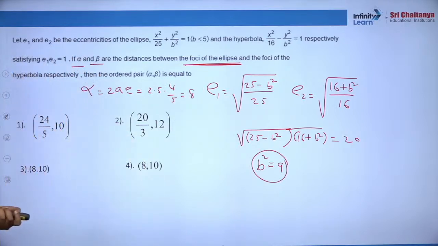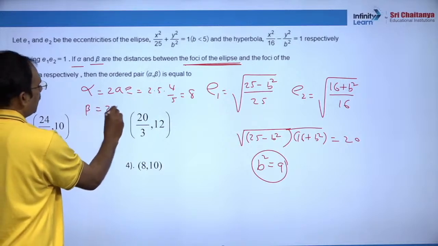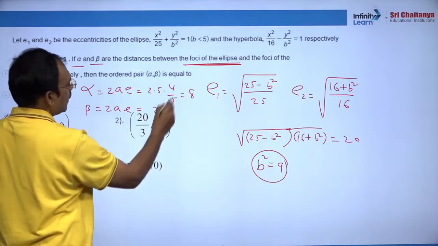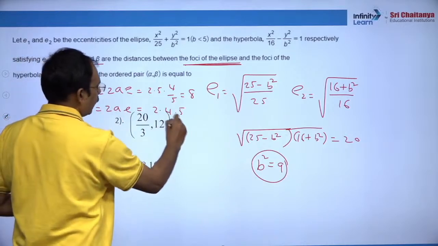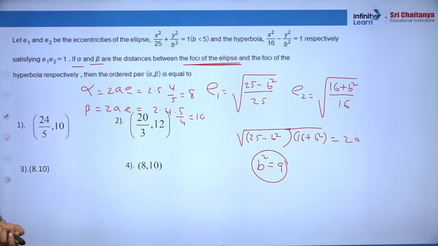Similarly, you compute beta, which is also 2AE, the distance between the two foci. 2 into A, where A is going to be 4, and eccentricity is going to be 5 by 4, which is 10. So, 8 comma 10 is going to be the answer.